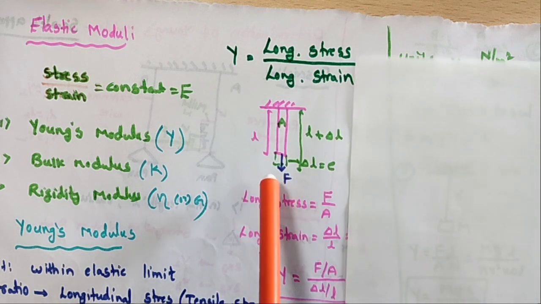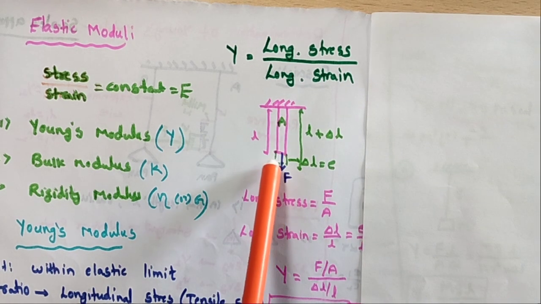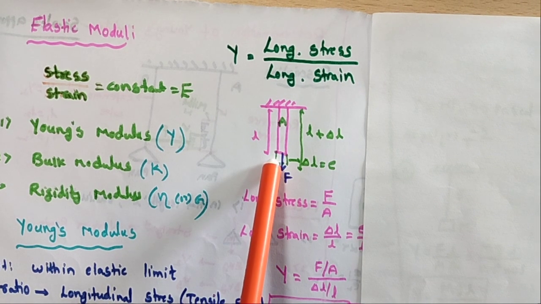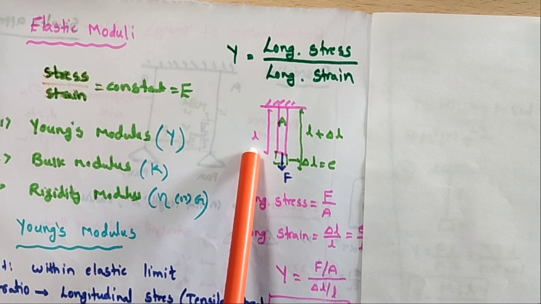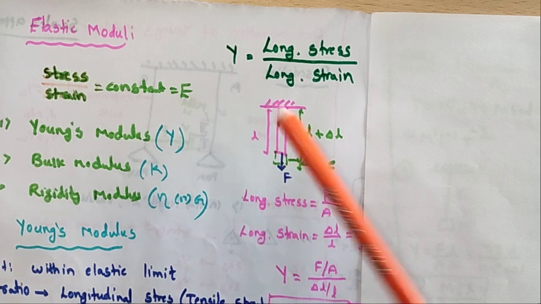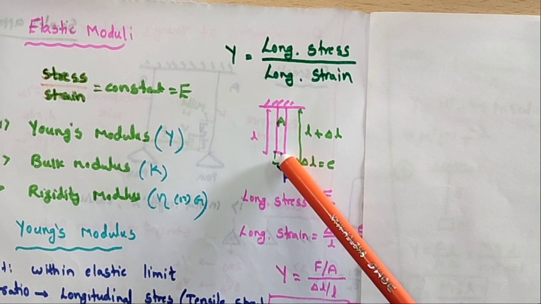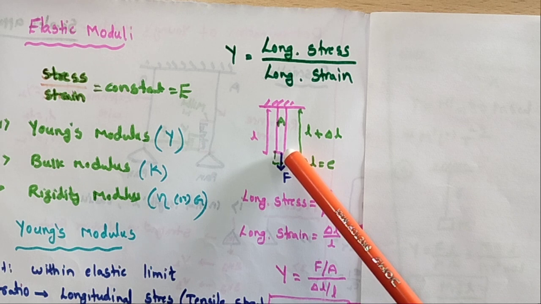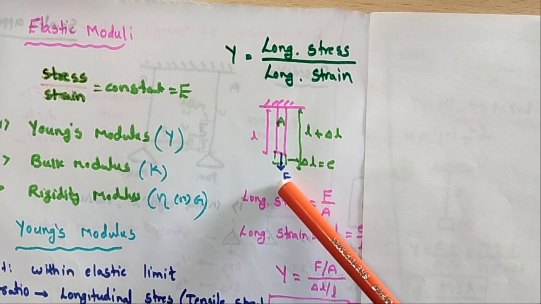Here I am taking an example, a wire. The initial length of the wire is L, one end is supported to a rigid support. At the second end, a stretching force F is acting on a cross section, capital A, in the downward direction.